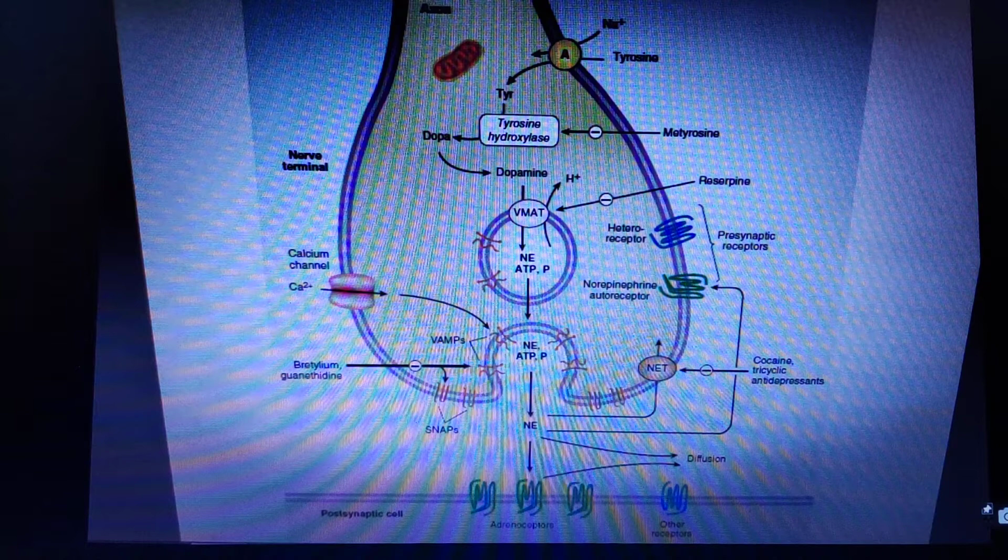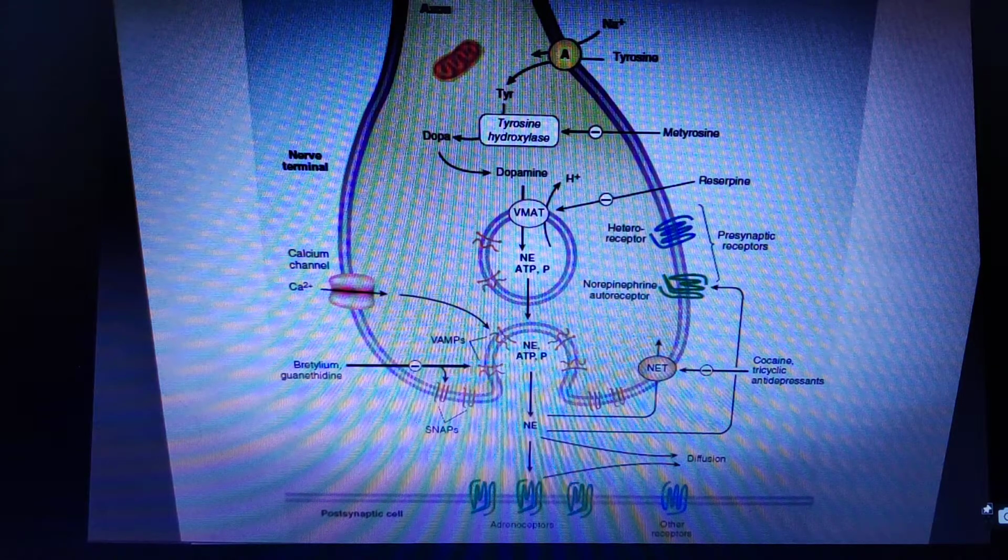Most of the noradrenaline released into the synaptic cleft is taken up again by the presynaptic membrane and goes inside the nerve again. This process of reuptake can be inhibited by certain drugs like cocaine or tricyclic antidepressants. Once the uptake is inhibited, there is more accumulation of noradrenaline in the synaptic cleft, leading to its action.